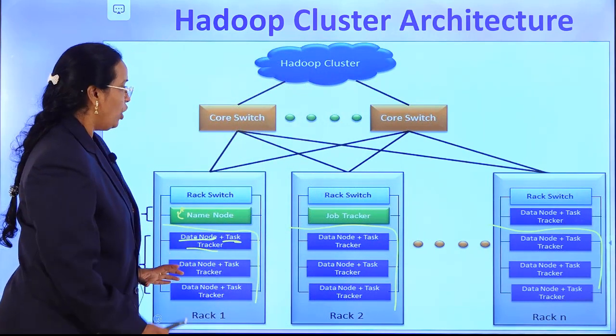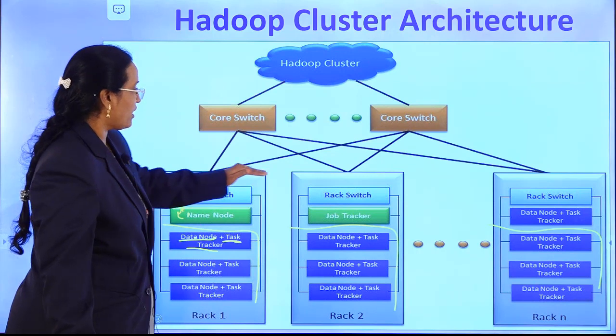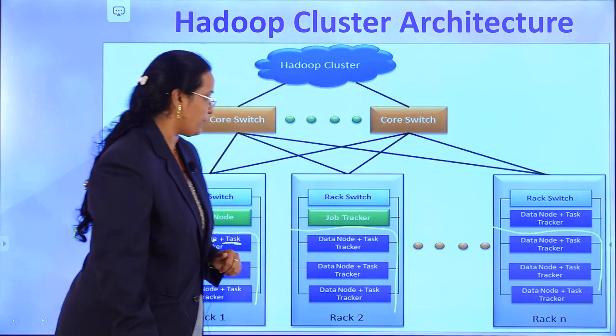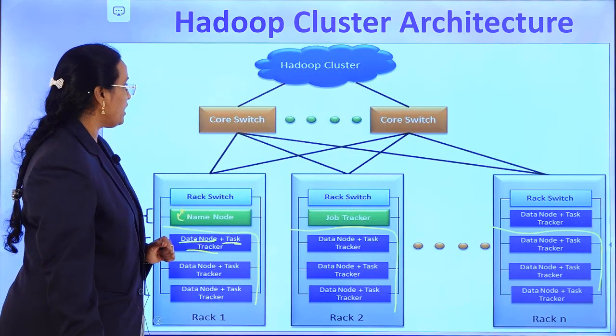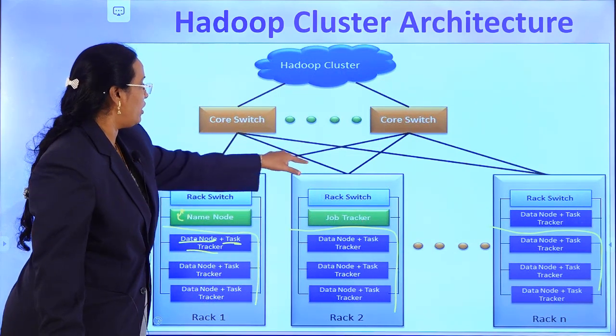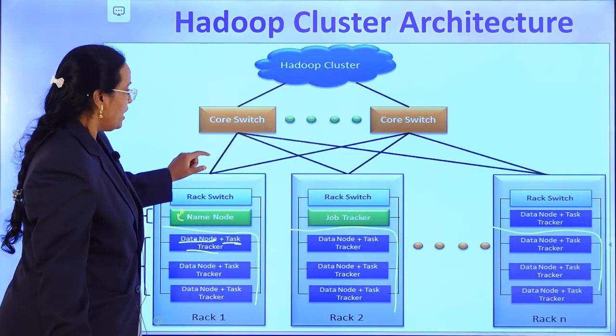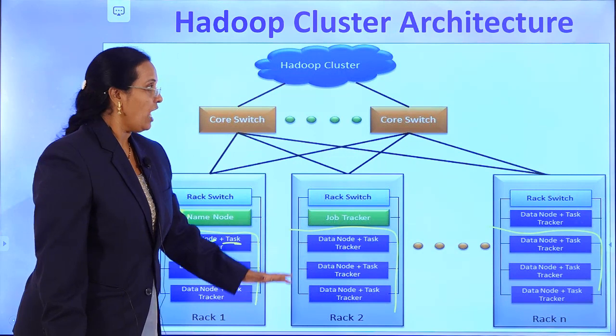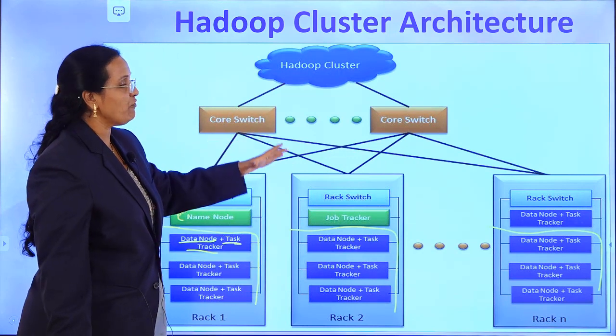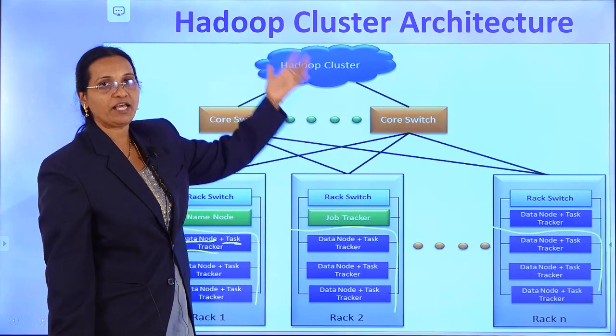So I have a rack switch here, and a rack switch here, and all these racks are connected with one another with the help of the core switches. This is one cluster I have made, and the same type of cluster I have established in another place.